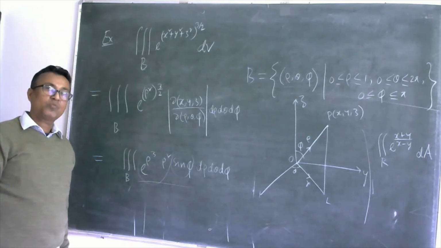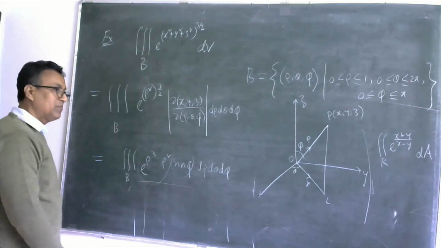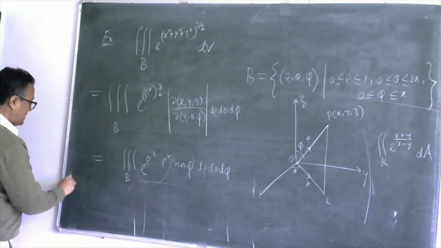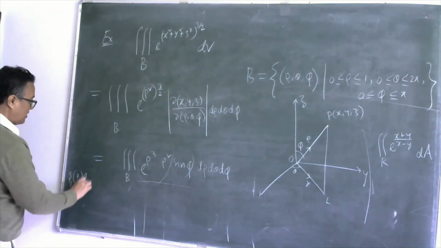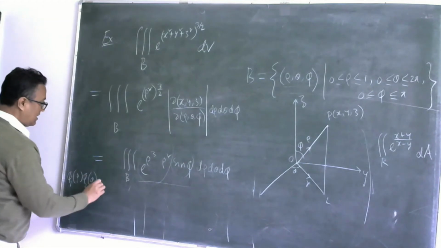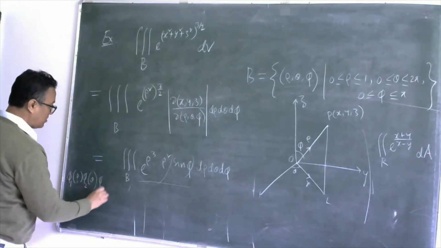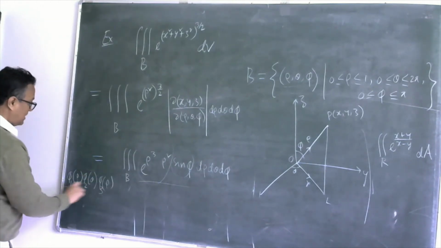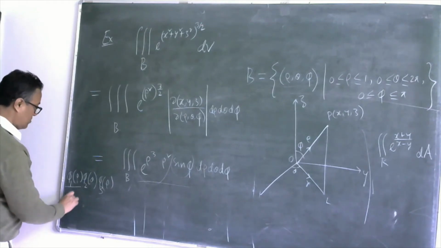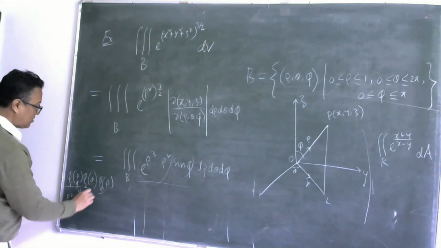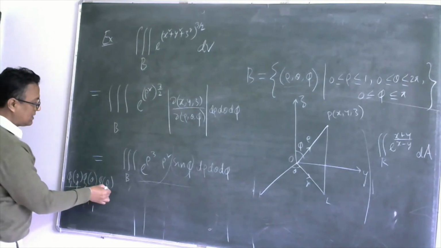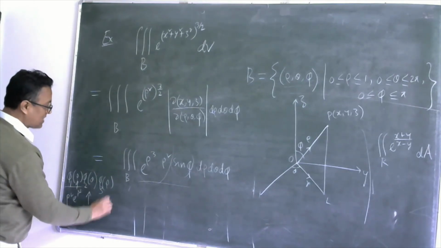Each of those can be separated out, as a function of rho, a function of theta, and a function of phi, where this is simply rho square e to the power rho cube, this one is 1, and this one is simply sine phi.